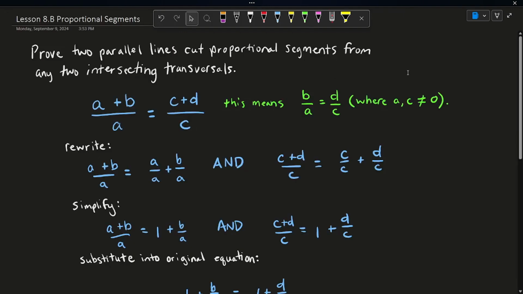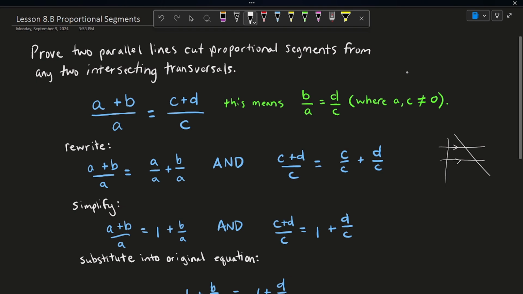Alright, moving on over to 8B, proportional segments. This will not be easier. It's got a whole lot of math for no reason, really. It wants you to prove that two parallel lines cut proportional segments from any two intersecting transversals. If you remember what that looks like, you're going to have two parallel lines and two intersecting transversals.